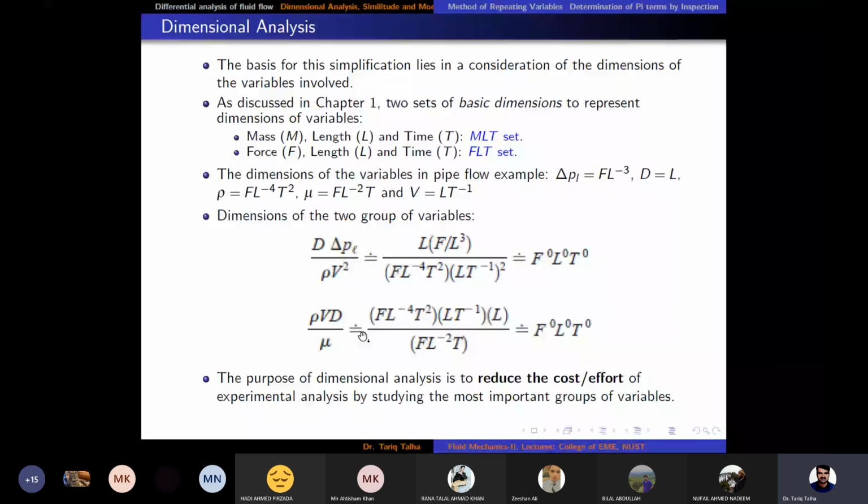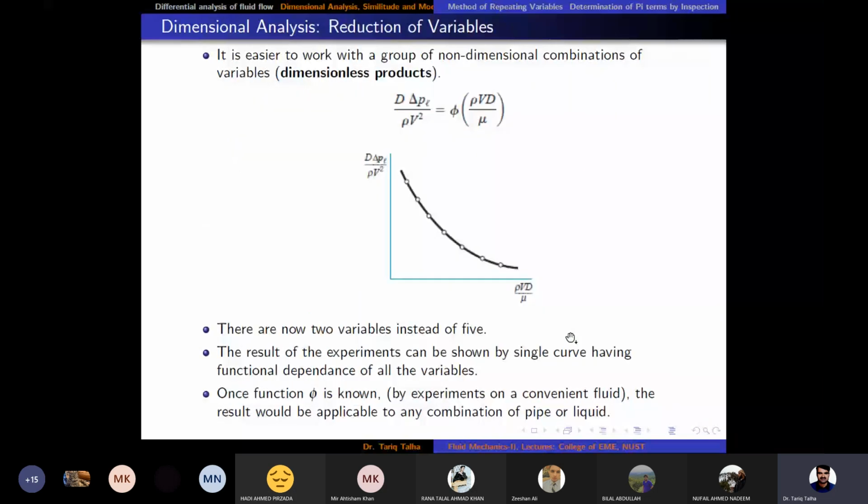Now how to get these non-dimensional terms? For that there are certain procedures that we need to apply on the functional form in order to get the non-dimensional products, and we call them pi terms.